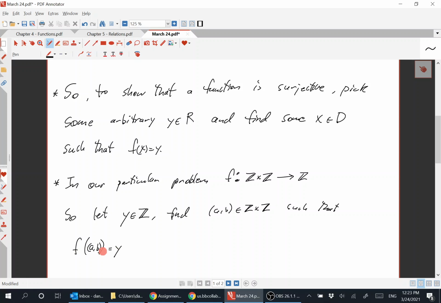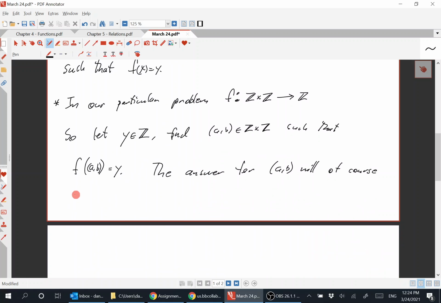Now, the answer you're going to get for a, b is going to be in terms of y. The letters a and b won't appear. Just y. Your answer is just going to be y.